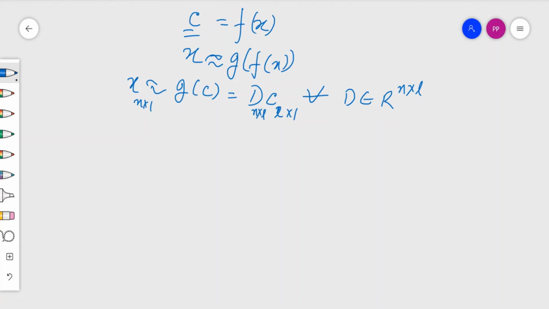at least from the point of view of row to row and column to column orthogonality, because when a matrix is orthogonal, its rows and columns are normal as well as orthogonal to each other. So if the matrix D is non-square, then row to row orthogonality is there and column to column orthogonality is there.